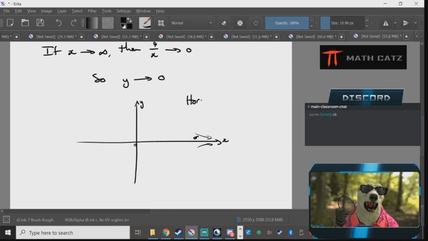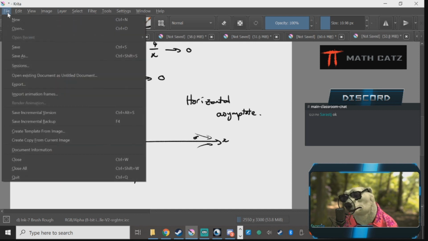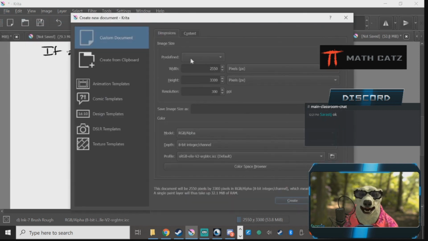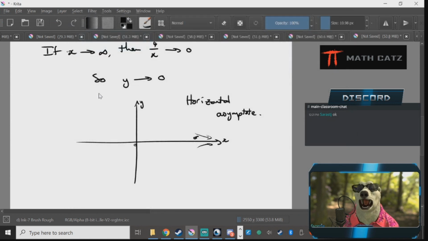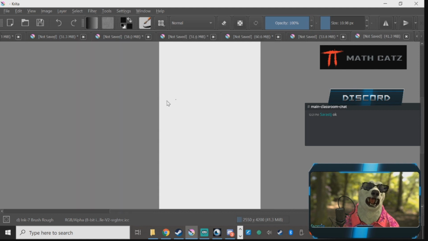I do have a horizontal asymptote, though. Now I know I'm going over the time, but I need to very quickly just show you the last variation of how the numerator and denominator could interact, because I don't want you to think, oh, there's always a horizontal asymptote. No, not always.